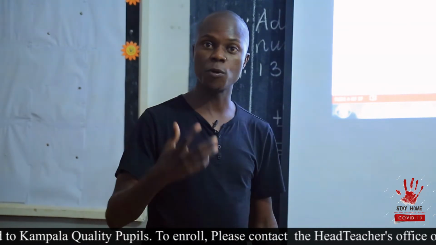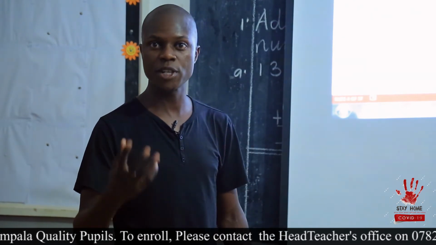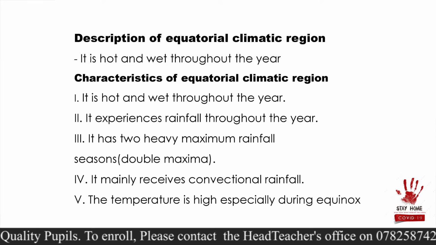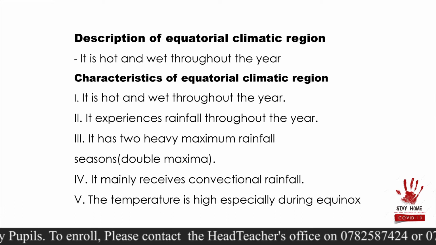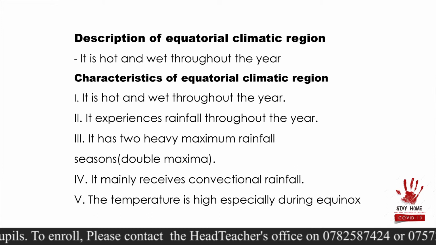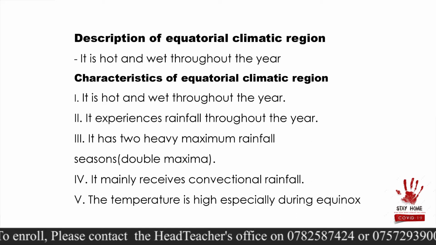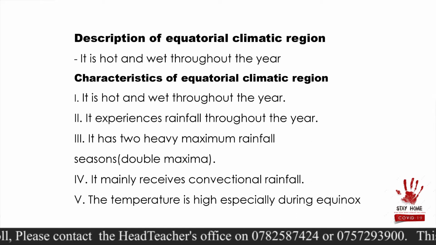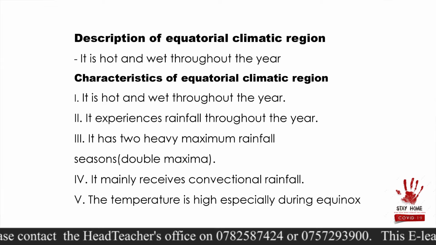What are those things that will show you that such an area experiences equatorial climate? One, it is hot and wet throughout the year. Secondly, it experiences rainfall throughout the year. Thirdly, it has two heavy maximum rainfall seasons, and we refer to that as a double maxima.